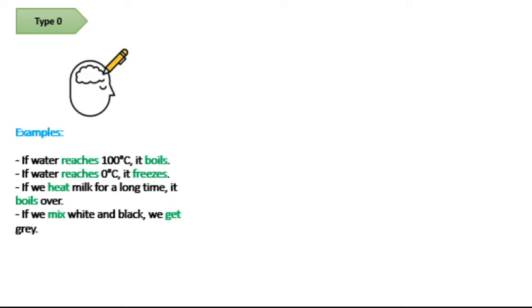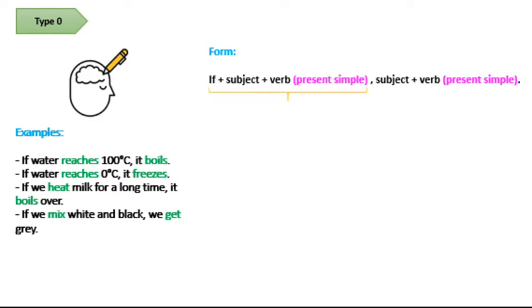Okay, so now let's have a look at the form of the conditional sentence in the type 0. In the if clause we have if plus subject like water and the verb in the present simple, reaches.